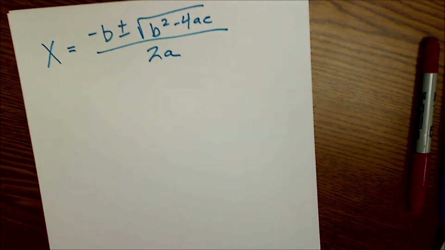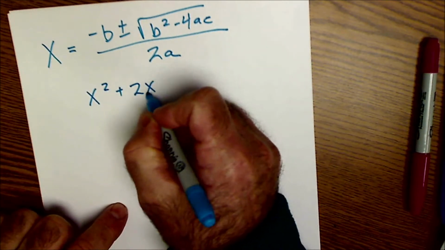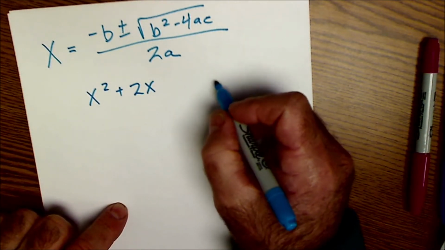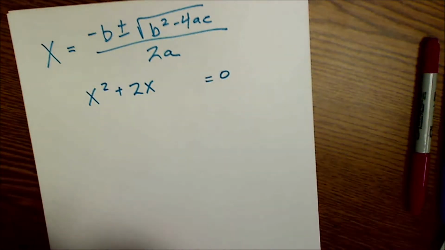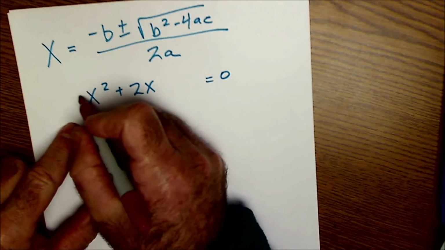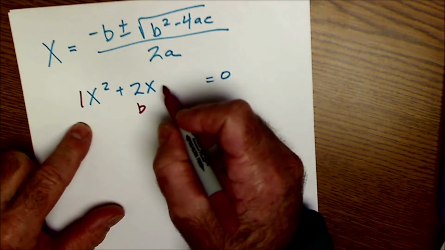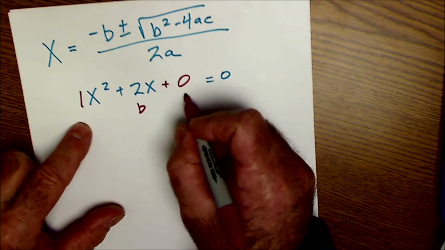So let's go back to our first equation, x squared plus 2x is equal to 0. Well, there's no value in front of that, so the a value would be 1, the b value would be 2, and there's no value here, so the c value would be 0.